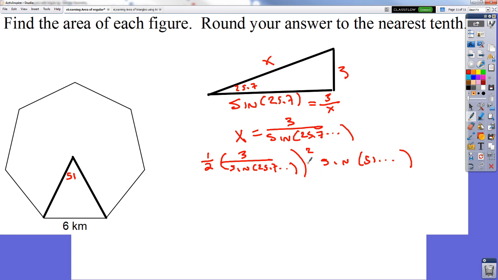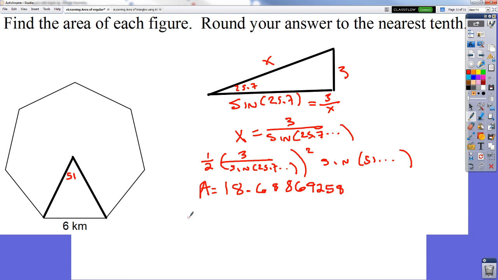And we should get something on the order of 18. That seems about right. 18.68869258.